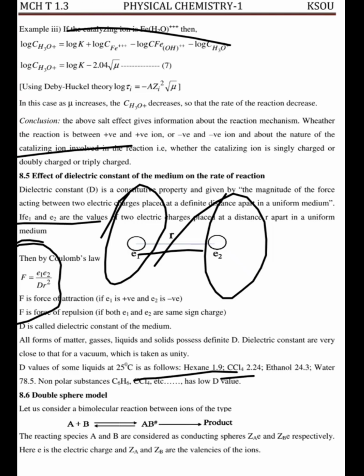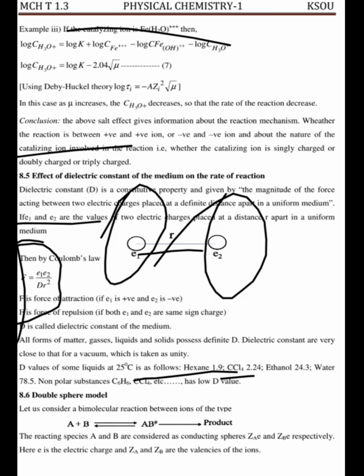So these are the dielectric constants, and non-polar substances like carbon tetrachloride and benzene are very low in D value. So this is with respect to dielectric constants.